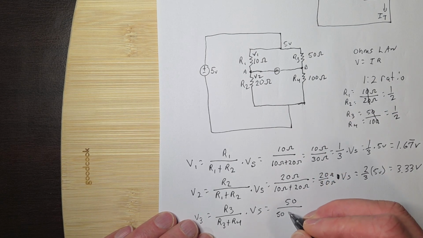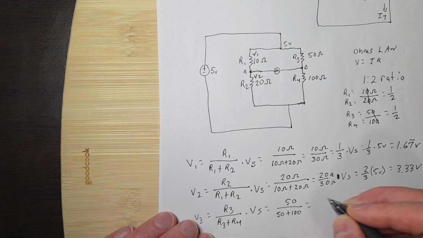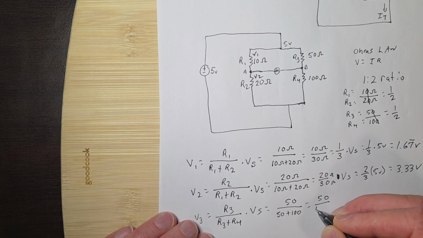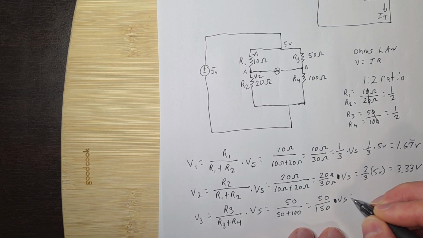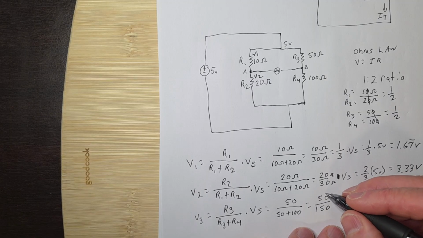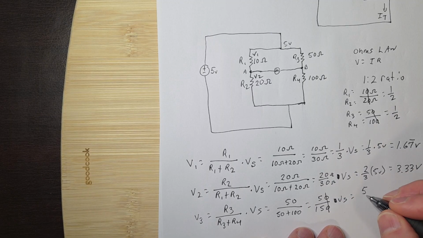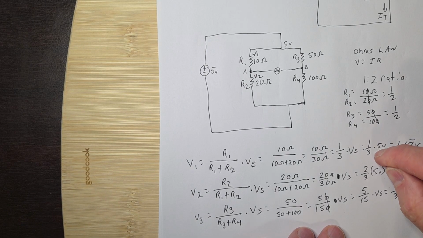So it's 50 over 150, times Vs, and of course these cancel out, so you end up with 5 over 15 times Vs, which is equal to 1 over 3. Same thing as what we did up here. So times Vs, 5, is 1.67 volts.